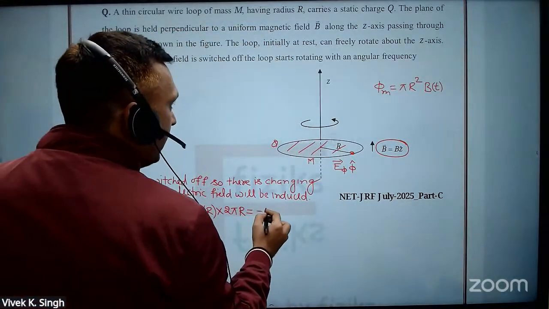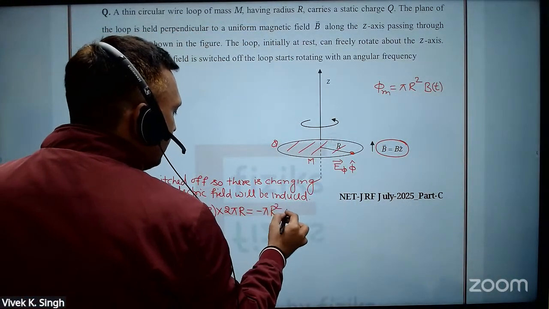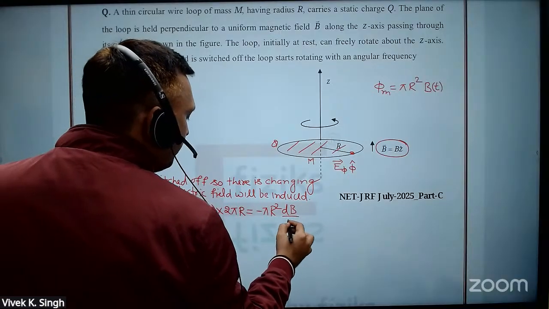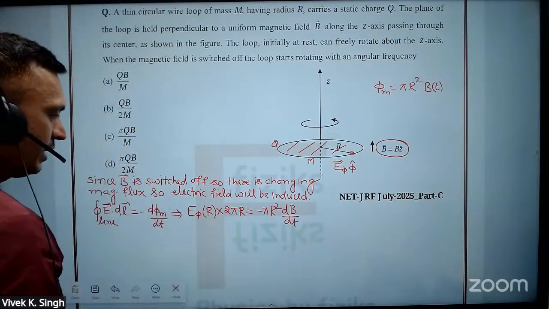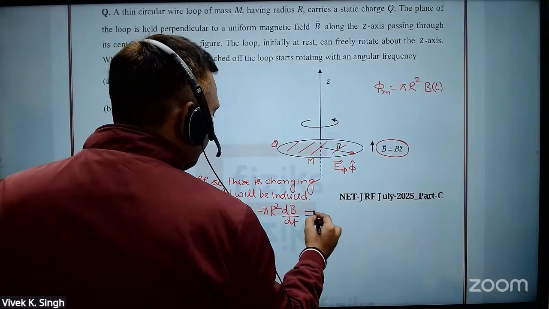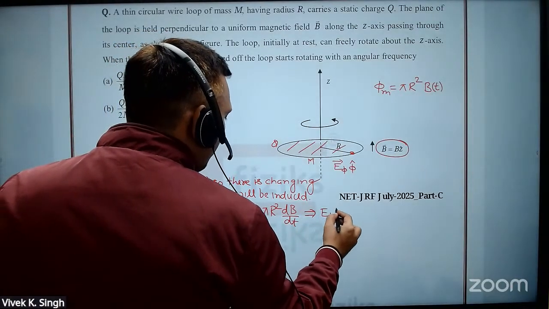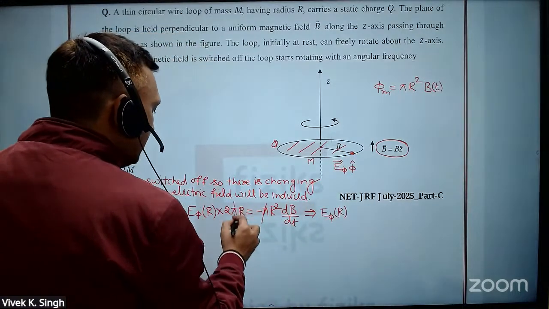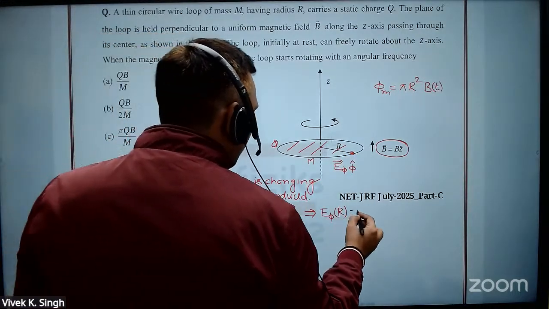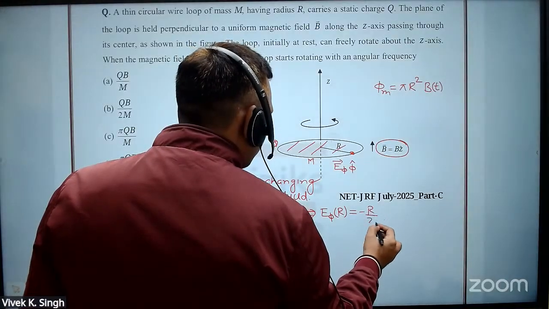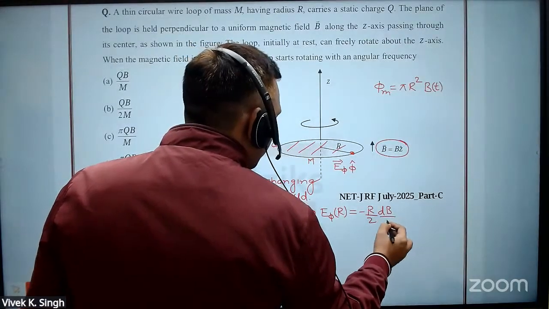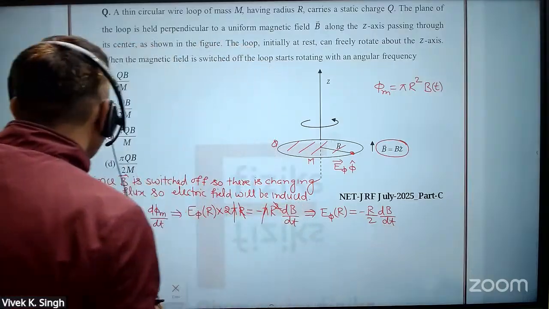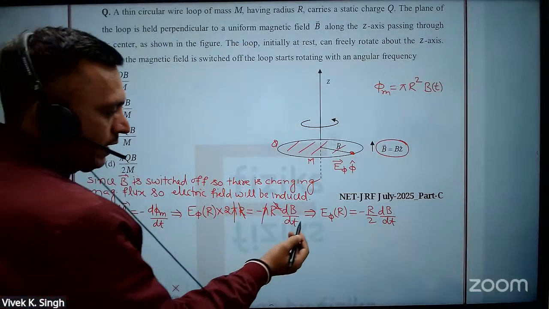This will give you minus pi r square dB by dt, because here the magnetic field is changing. This will give you the induced electric field at this point. So this pi will cancel out, this r will cancel out, and this is minus r by 2 dB by dt. Okay? So there is an induced electric field.